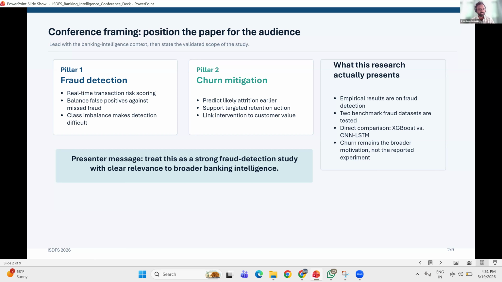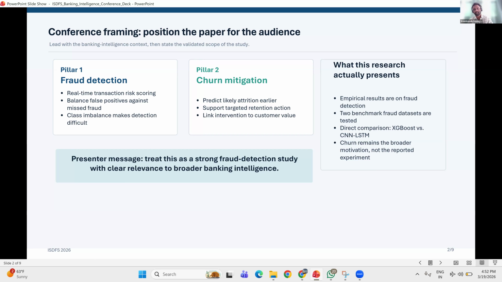And class imbalance makes detection difficult. In my research we collected 10,000 different data samples and made the classes balanced. 70% of the data is used for training on transactions and 30% is used as test data. Based on that we make sure how class imbalance plays a crucial role in decision making.